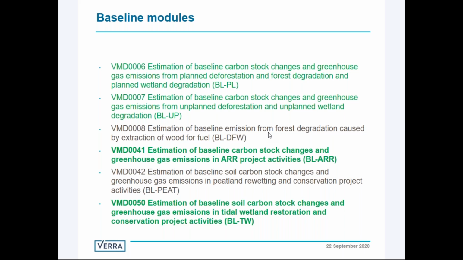And that was under the notion that baseline processes, land use change processes, are really similar for tidal wetlands projects and terrestrial projects, and we only needed to do some bookkeeping work there. We did some significant work on the ARR module for baselines, and also there's this new module for tidal wetlands. So in the nomenclature of the modules, you see that TW represents tidal wetlands. Next one, please.